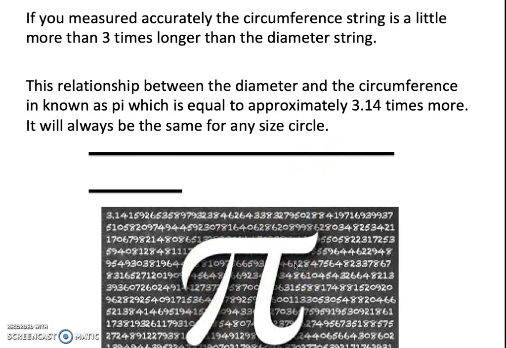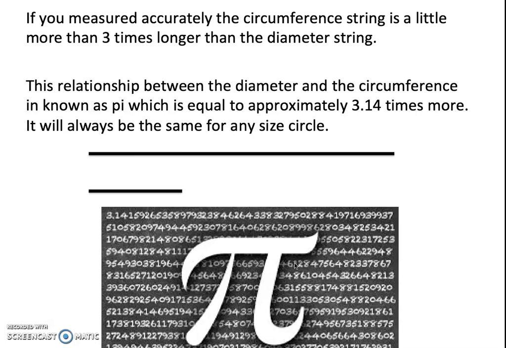Now, we estimate pi when we write it as a decimal as 3.14, but as you can see in the number below, there is no exact number for pi.